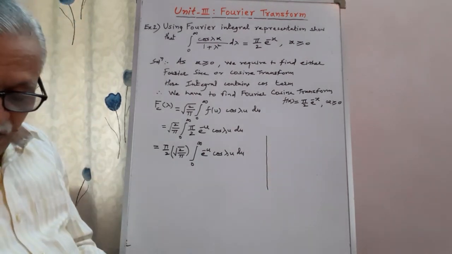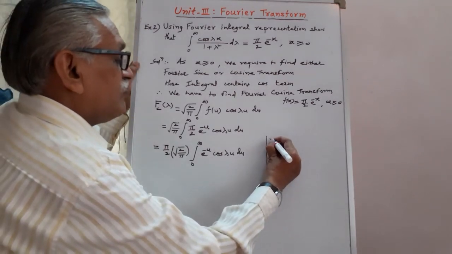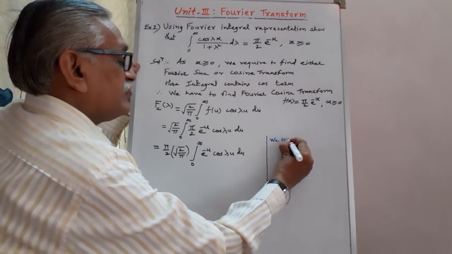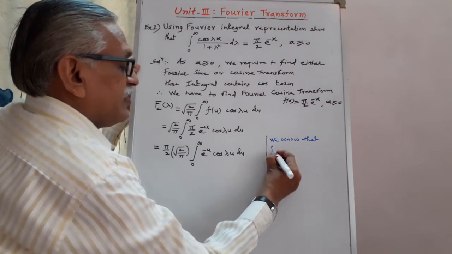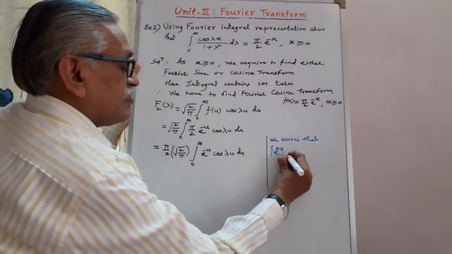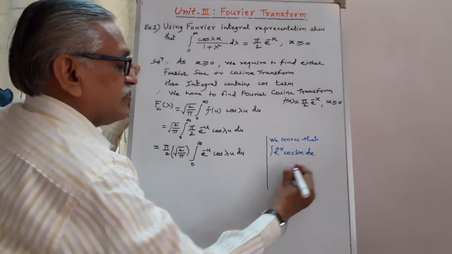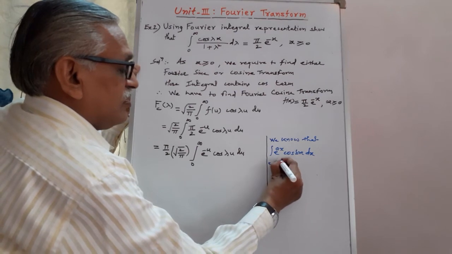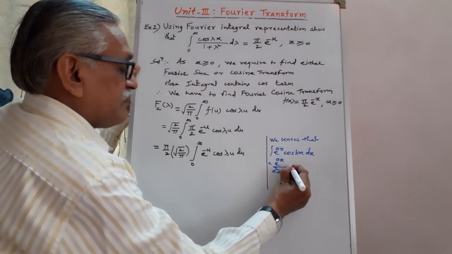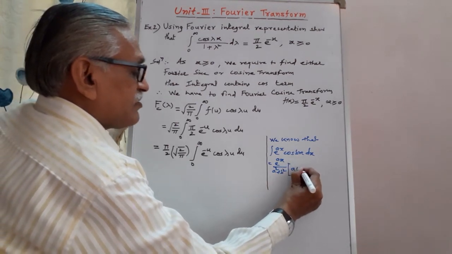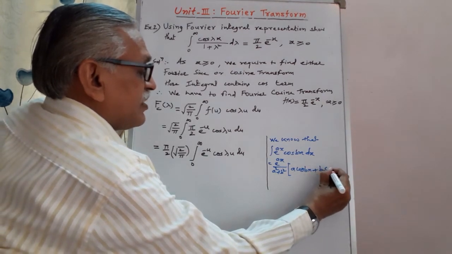And once again we use the standard result of integration. We know that the integration of e raised to ax cos of bx dx is equal to e raised to ax divided by a square plus b square, into a cos bx plus b sine of bx.